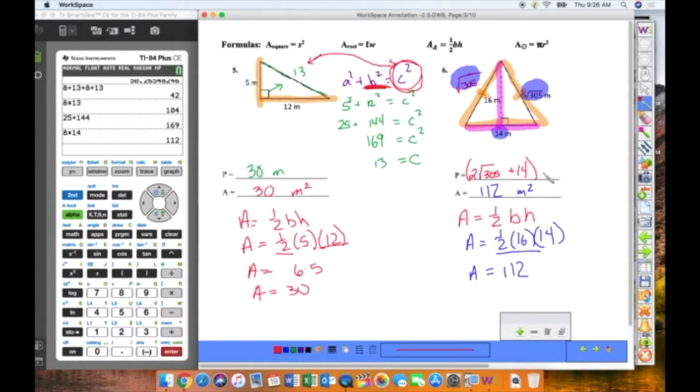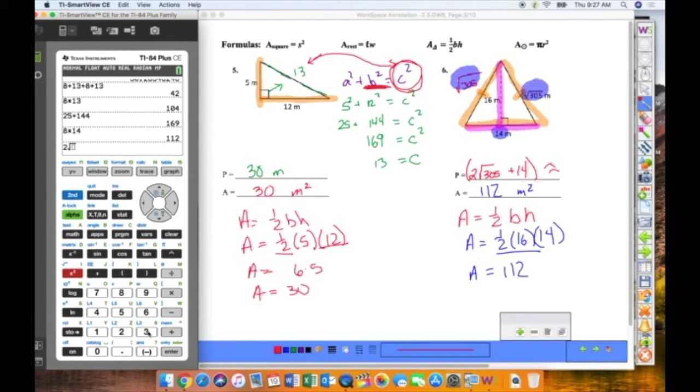So what I wanted to do was actually approximate that also. So 2 times the square root of 305, you totally approximate when you're all done. Make sure you get out of that radical if you've got a calculator like mine. Sometimes you have to close the parenthesis off. So make sure that whatever's underneath that radical is only a 305, but plus 14.